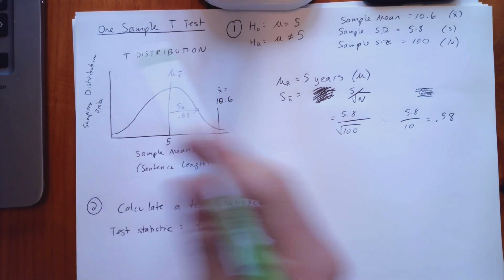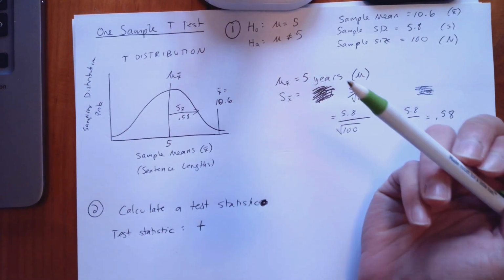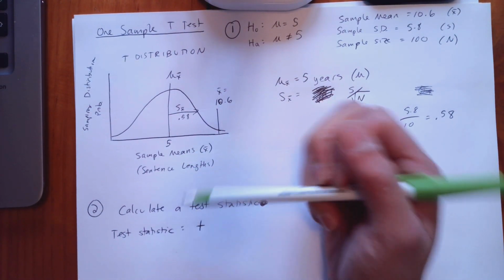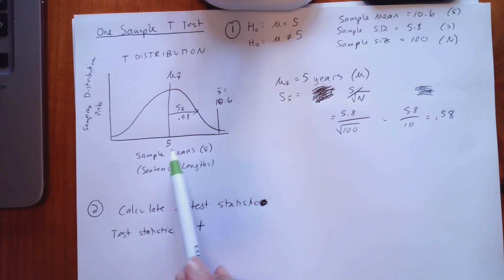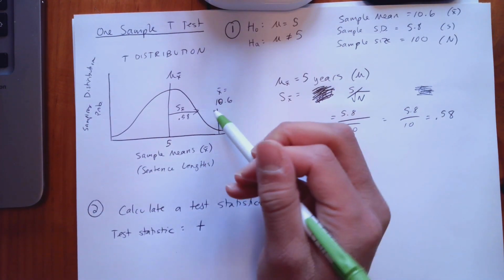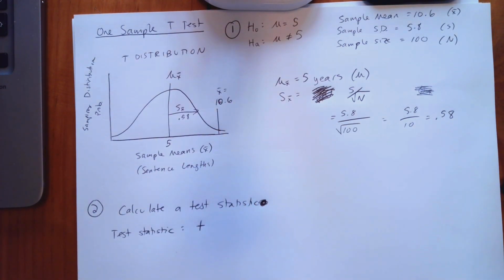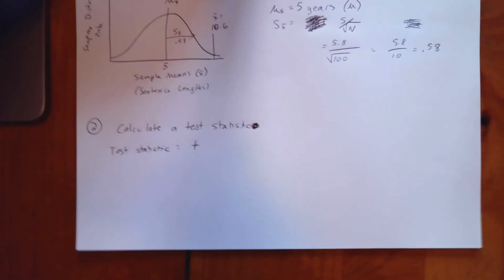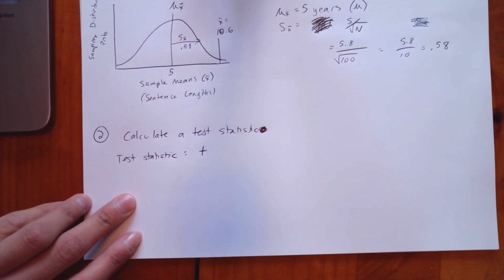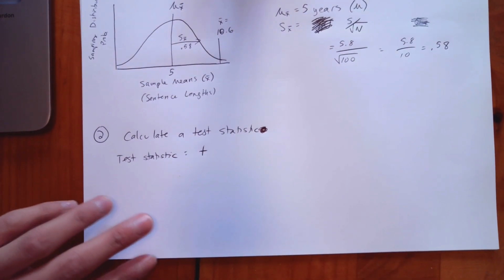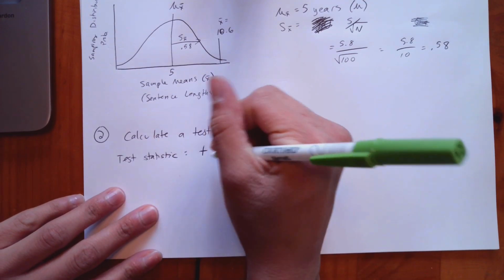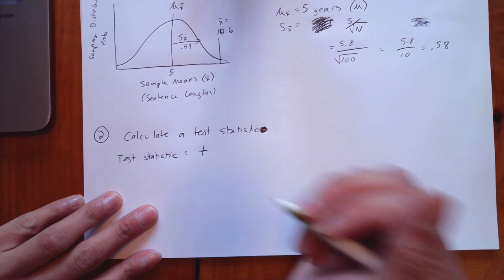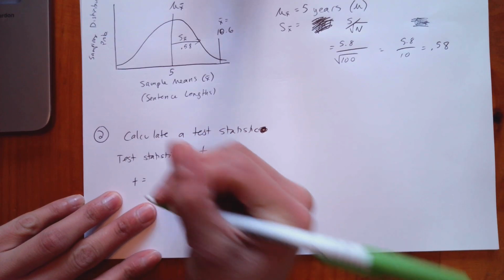So on a standardized t-distribution, how far away in terms of standard errors from the mean is our sample statistic of 10.6? The nice thing about the t-statistic is that it's really very similar to the z-score in every way, including how you calculate it. So our formula to calculate t is going to look like this.